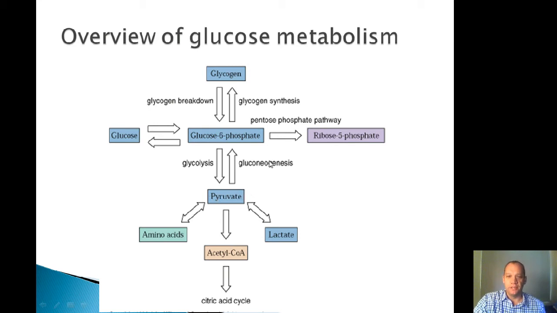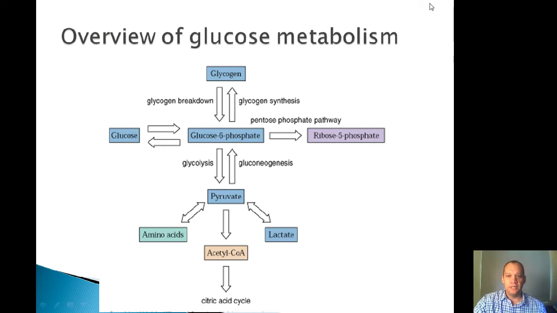What we will look at now is a biosynthetic pathway where pyruvate and other precursors can be used through a process called gluconeogenesis to form glucose 6-phosphate or even glucose, and that can be used in the body where it is required. It can, for example, be used to produce glycogen, a polymer which mammalian bodies use to store glucose for when energy is required.